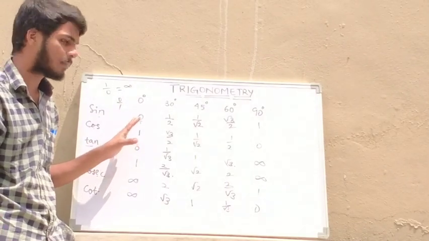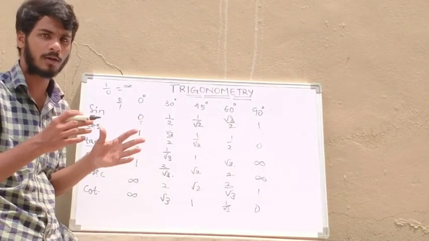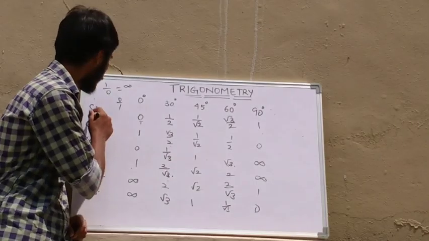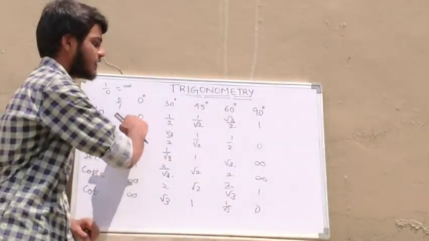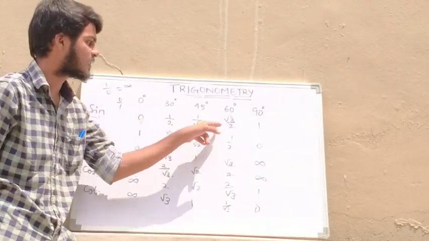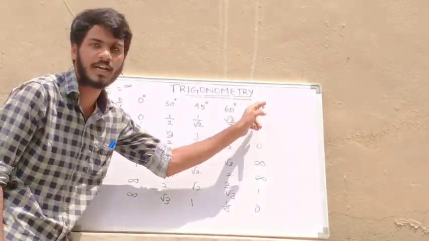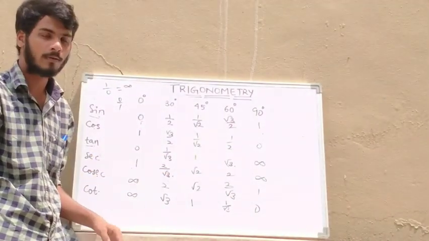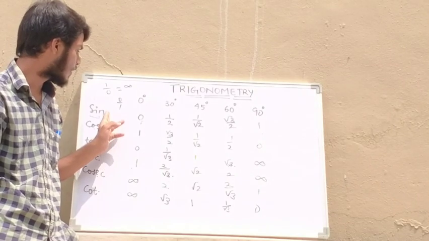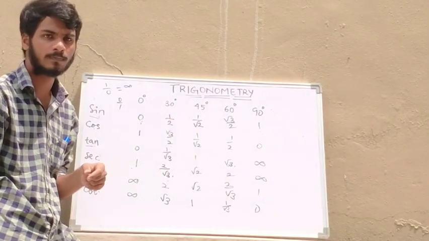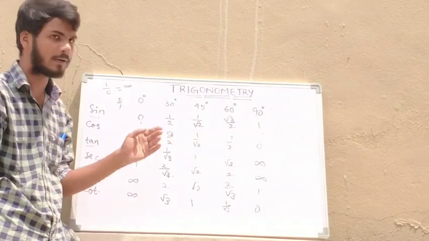These values are very difficult to remember, right? So if you know the values of only this row, only sine, that is sine 0, 30, 45, 60 and 90, you will get all these values automatically.